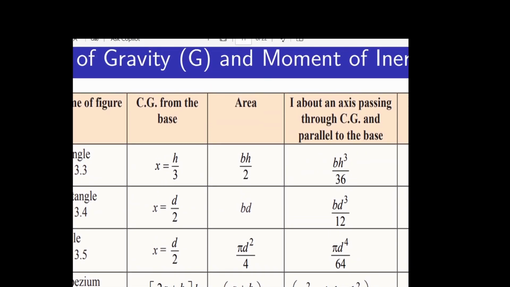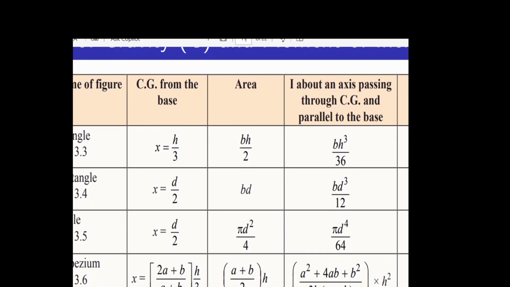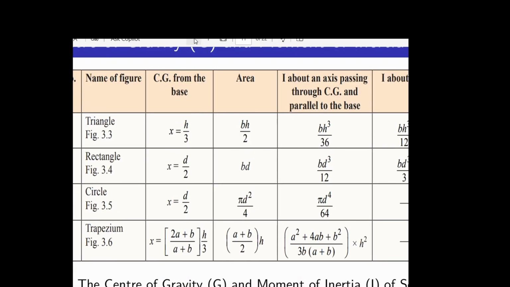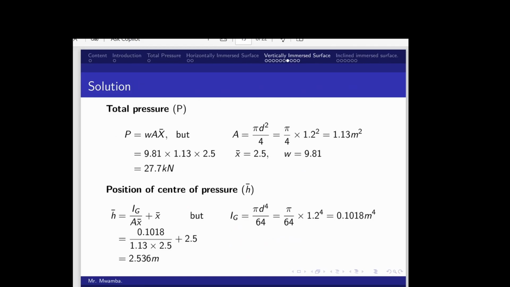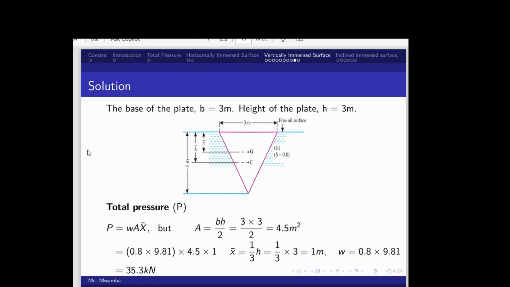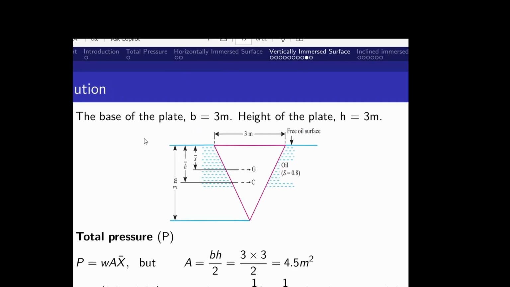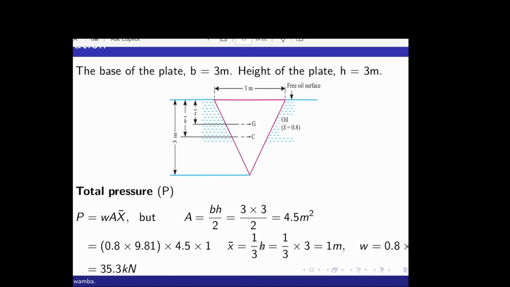Now, if you go to the example, the one that we are just doing for the triangle, let me go back to the example. Here on the example, on x bar, it's saying 1 over 3 multiplied by h again. I thought it is h on top over 3 that you use to find x bar.